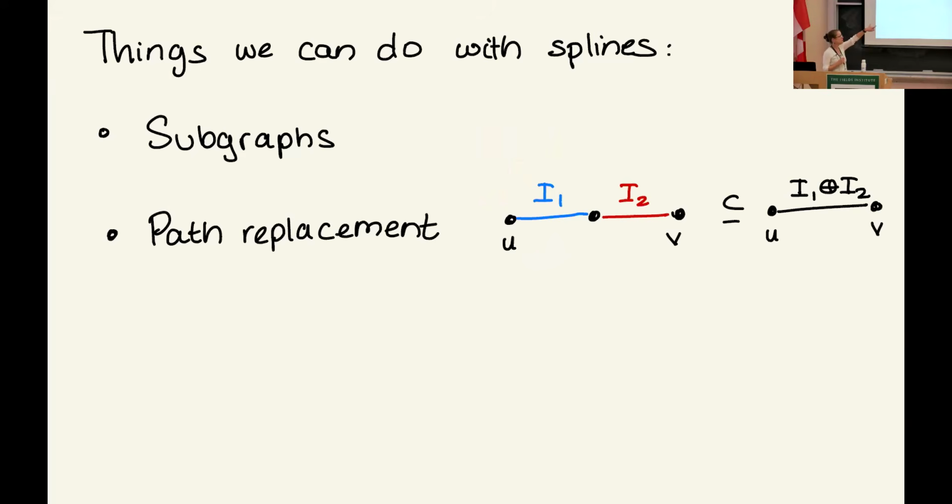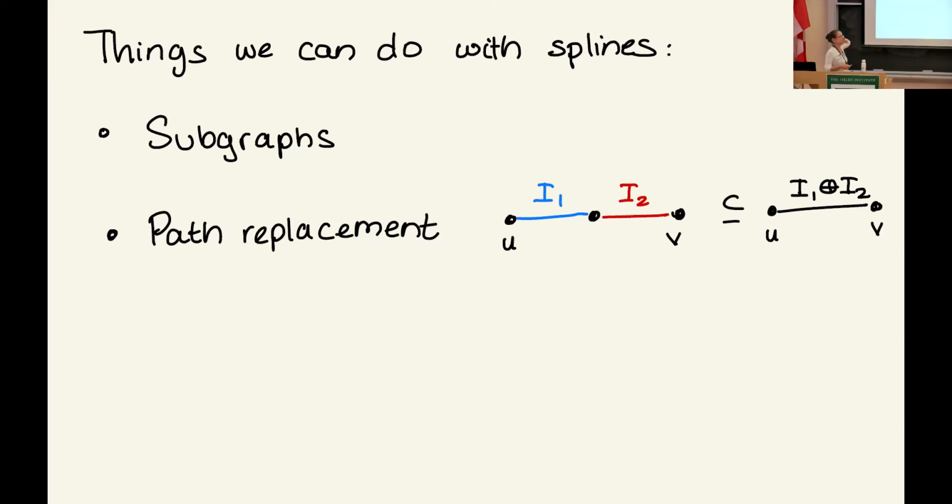So here's the path from U to V, and the ideals labeling those edges. I can replace that with an edge from U to V, modify the ideal, and have a way of comparing and analyzing splines with a simpler combinatorial picture, where I've shoved some of the complications into the algebra.